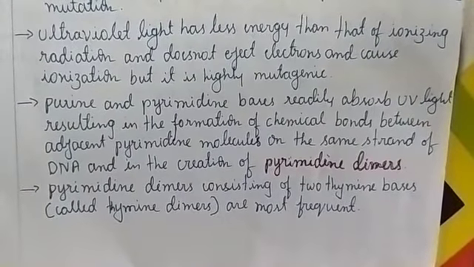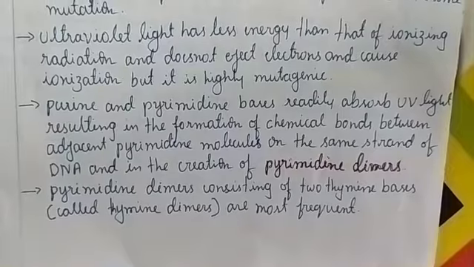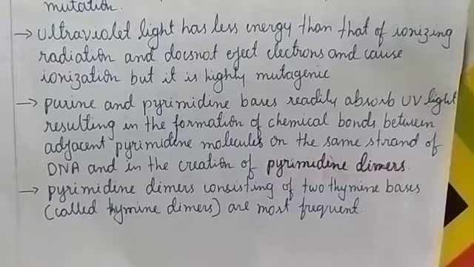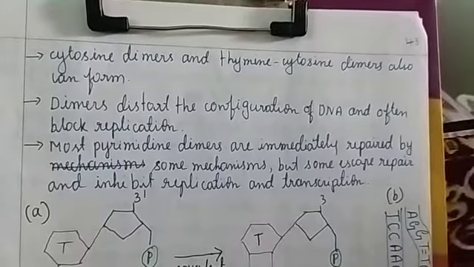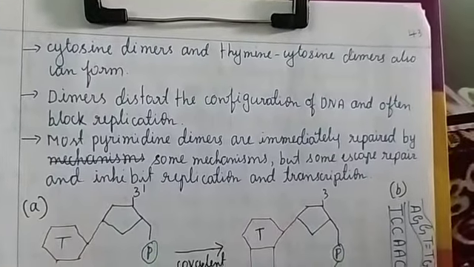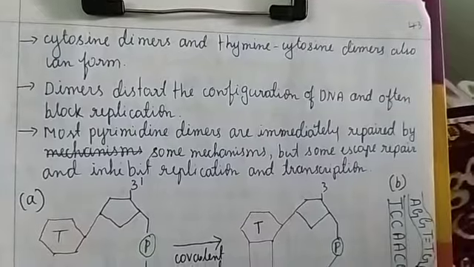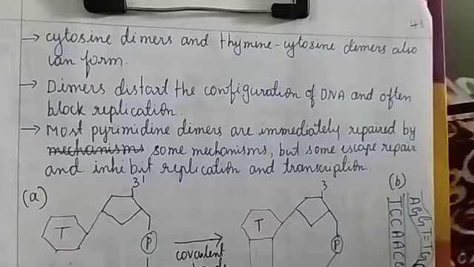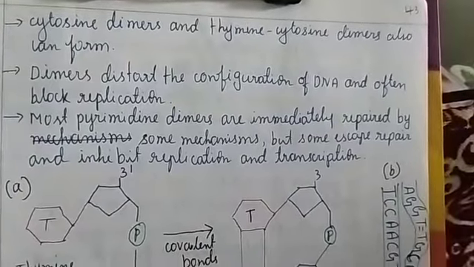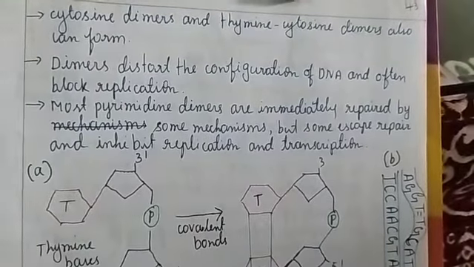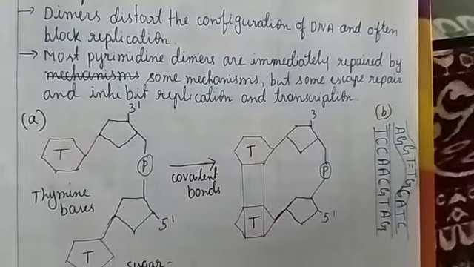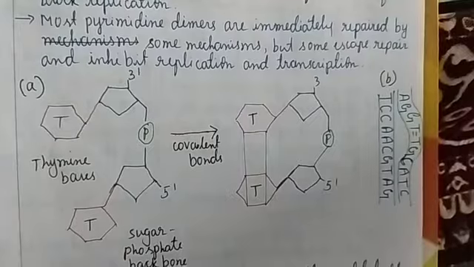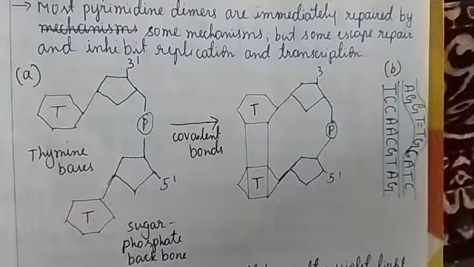Pyrimidine dimers consisting of two thymine bases, called thymine dimers, are most frequent. Apart from thymine dimers, cytosine dimers and thymine-cytosine dimers can also form. Dimers distort the configuration of DNA and often block replication. Most pyrimidine dimers are immediately repaired by some mechanisms, but some escape repair and inhibit replication and transcription.